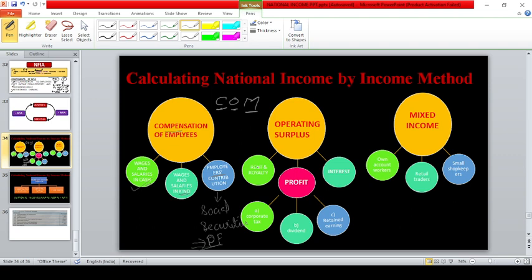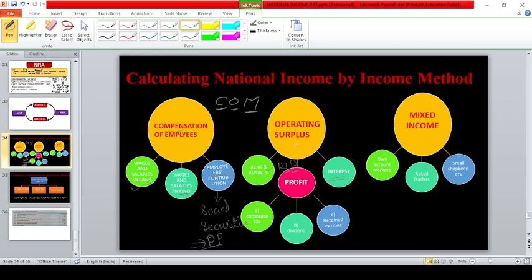Then let us see what is operating surplus. Operating surplus consists of RIP, that is rent and royalty, I stands for interest and P stands for profit. Whenever the earning comes via rent or royalty, that comes under operating surplus.